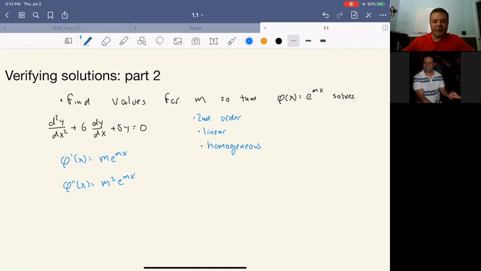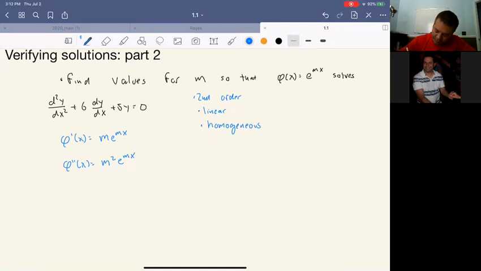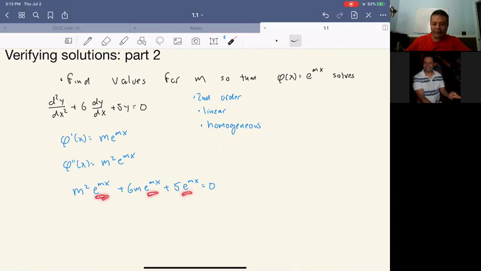So we're going to have m squared e to the mx plus 6m e to the mx plus 5 e to the mx equals 0. You see that there's an e to the mx on all of these, right?